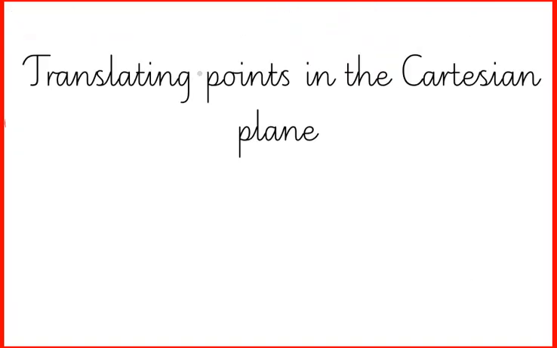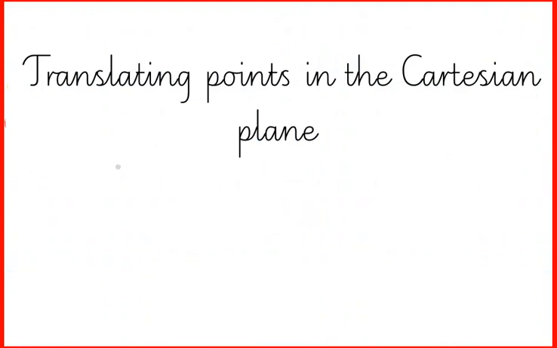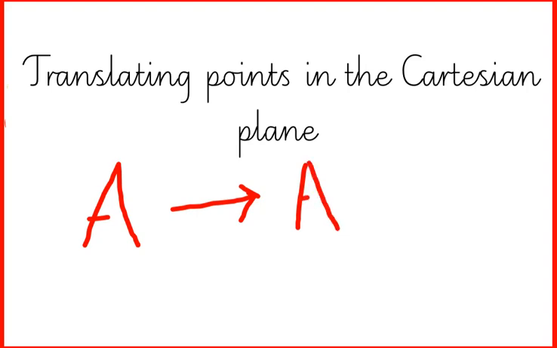Translating points in the Cartesian plane, we're going to start off by translating individual points, and then get to translating whole shapes. In this example we have A right there. When we have a point, let's say A, and it is translated, then we usually label the translated point of A with a small straight line on top.